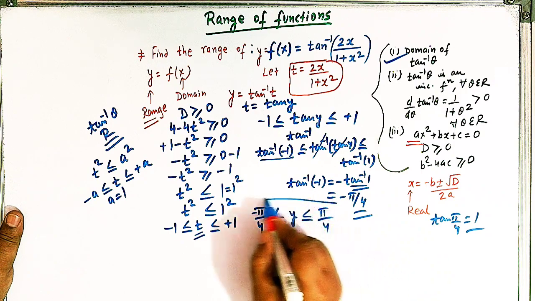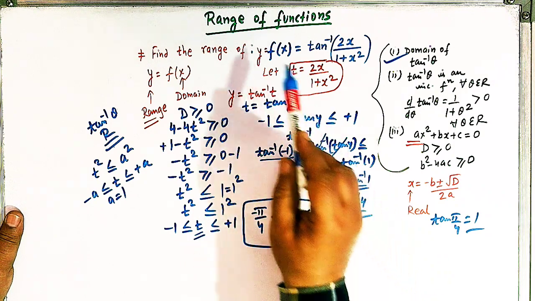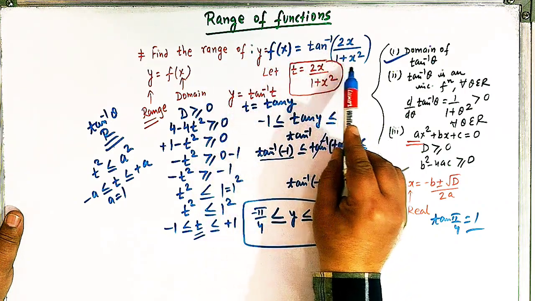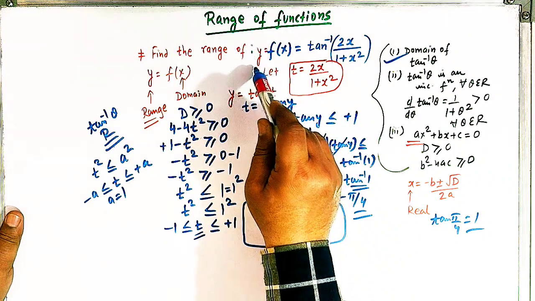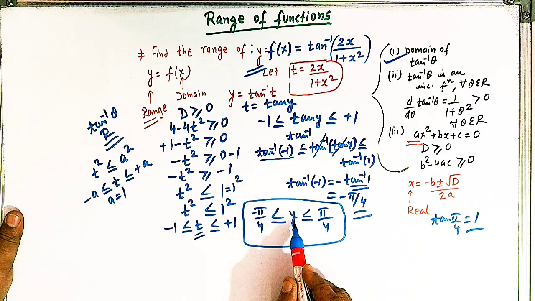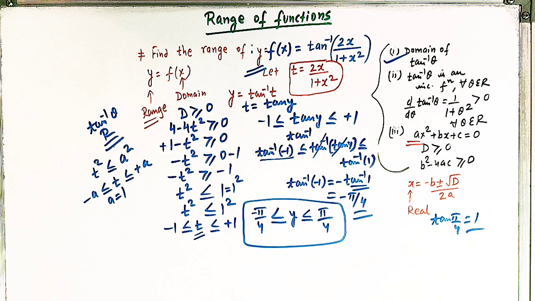So viewers, our function was y is equal to tan inverse of 2x over 1 plus x square, and this y is known as the range of the function, and we have obtained this inequality, y is greater than or equal to minus pi by 4, less than or equal to pi by 4.